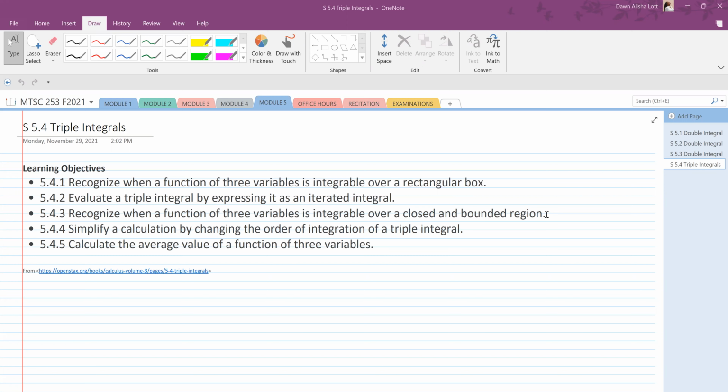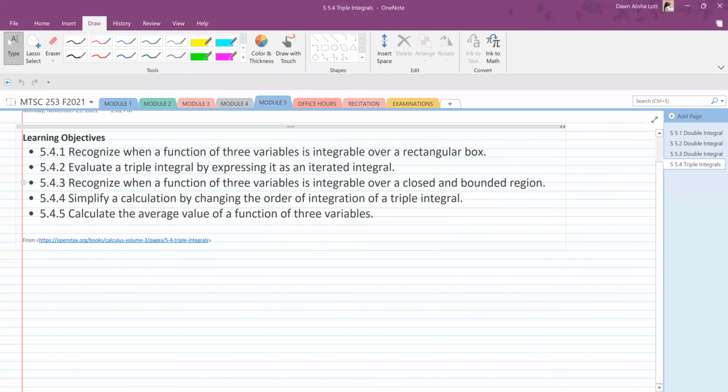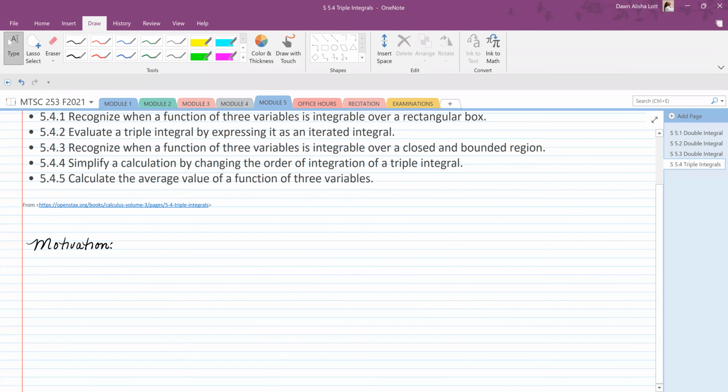I'm going to give you a motivation before we really go into triple integrals, and my motivation is that last problem that we just did. So here's the motivation. From the previous section, we did this problem.